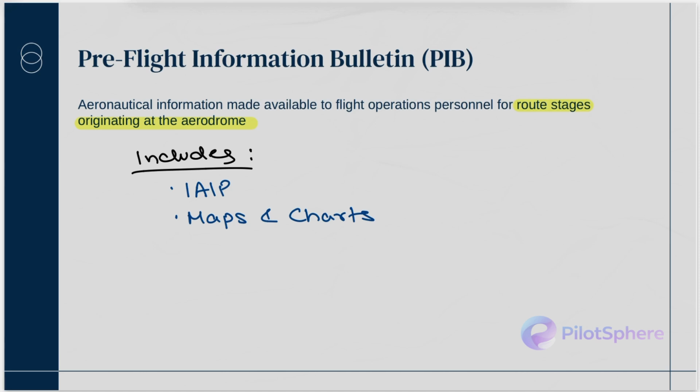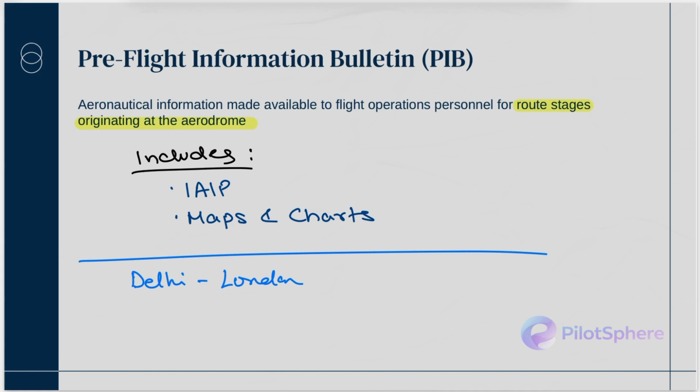I'll give you an example of how it works. You have maybe a Delhi to London flight. What information will you be provided as part of the PIB? Well, if it was up to you, you would be looking at everything in Delhi that is happening.